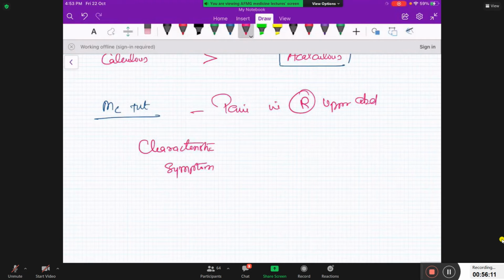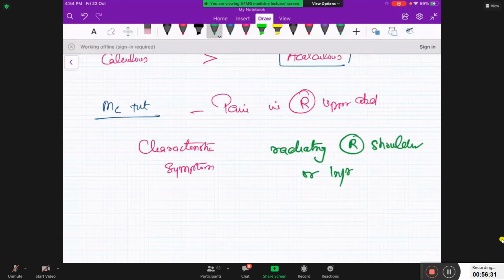So if this is provided to you in any given question, it means the examiner is talking about acute cholecystitis only. Okay, so what is that symptom? Pain right upper abdomen, radiating to right shoulder or inferior border of scapula.